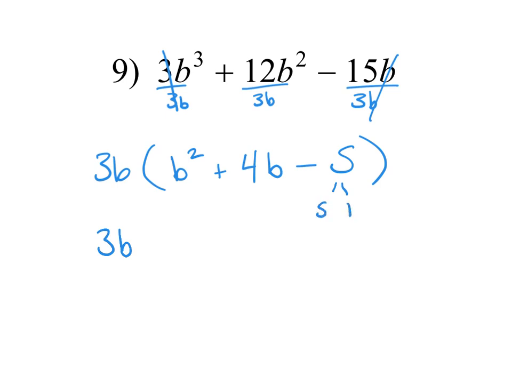Which one's negative? Because we have a -5 here, so one of them has to be negative. The 1 has to be negative because this would be 5 minus 1, which would give us 4. If the 5 was negative, we would have -5 plus 1, which would be -4. But we're looking for a +4. So it has to be the 1 that's negative.